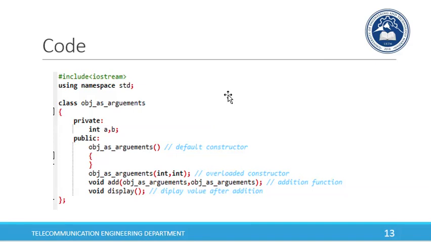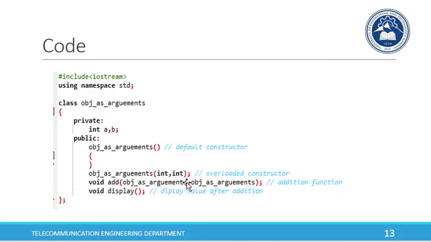Then a function add, and if you are looking at it, we have passed the objects. These are basically the objects, and the type is the same as the name of the class. Basically we are passing the objects to a function.